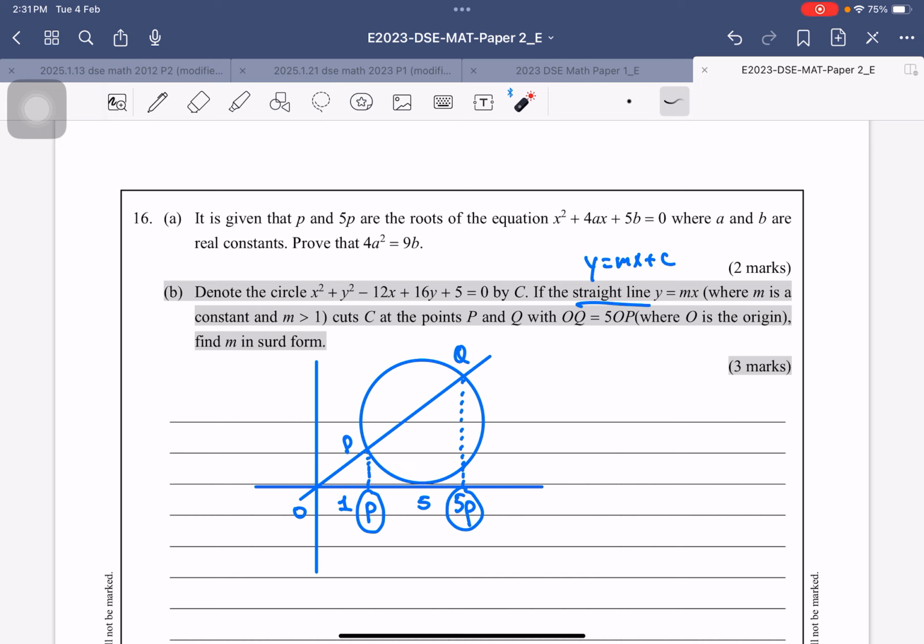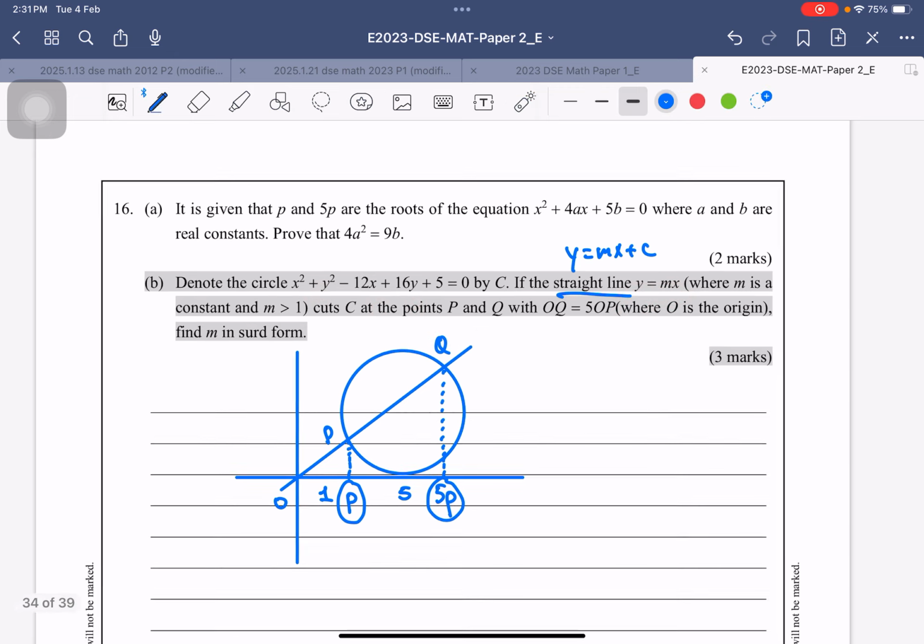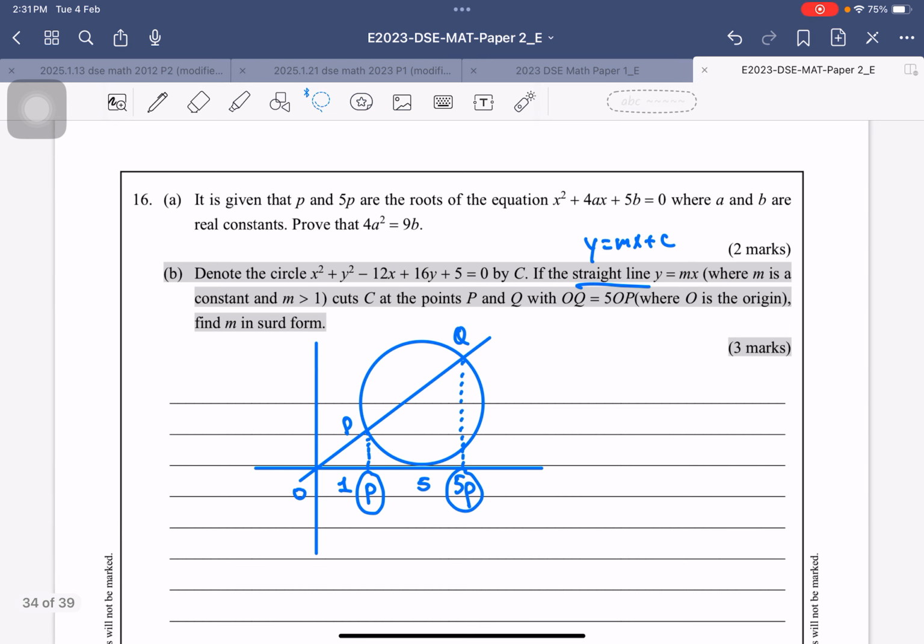Okay? So now the question is how we find the intersection of these 2 points. If you want to find the intersection, just substitute the straight line equation into the circle equation. We have y is equal to mx, so replace the y by mx.